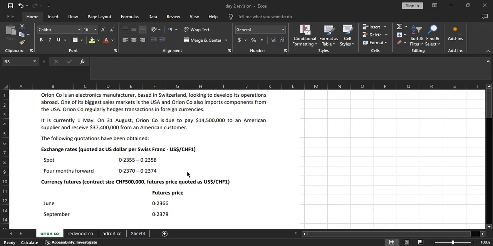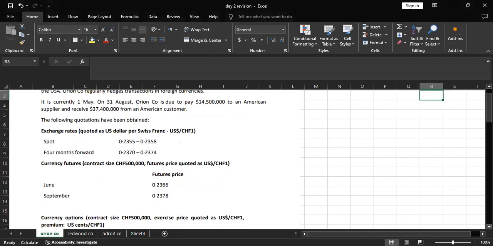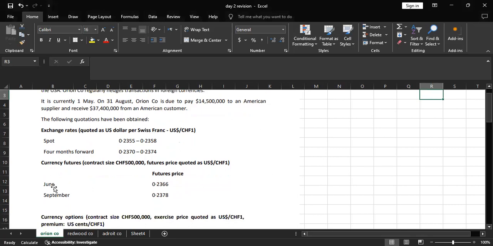Now, in this question, the examiner has given you the exchange rates: the spot rates, the 4 months forward, then the currency futures, and the contract size. The examiner has given you two futures, one is June and one is September.